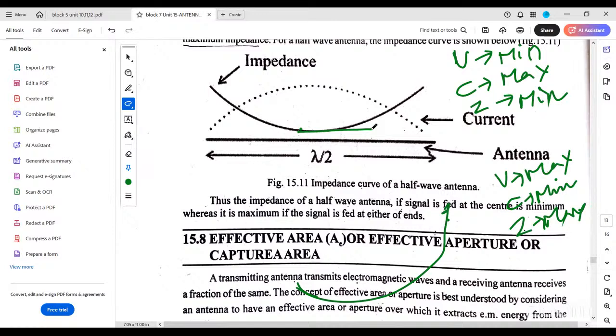Essay questions. Here, how many essay questions can we expect from this? Who attended the last class? Antenna theorem. And essay questions from unit 15, from unit 16, and sometimes antenna fundamentals will be asked.